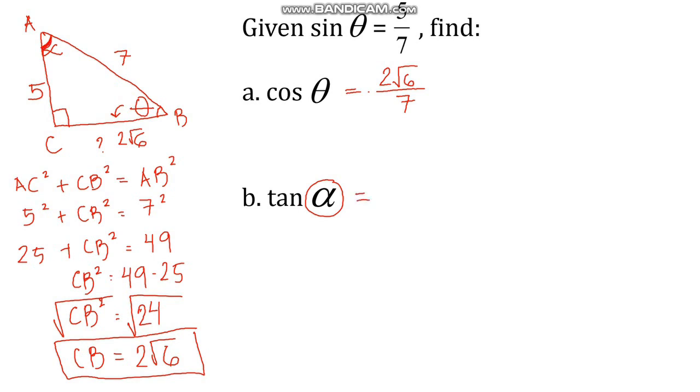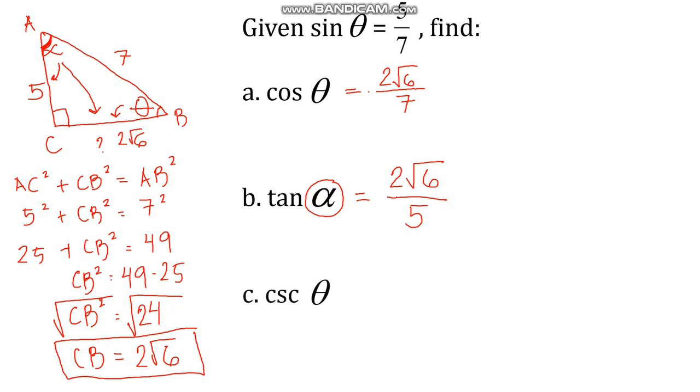Tangent can be solved by dividing the opposite side by the adjacent side. So looking at alpha, its opposite side now is 2 square root of 6. So that will be 2 square root of 6 divided by the adjacent side. So the adjacent side of alpha now is 5. So let's write here 5. So again, look if you can still simplify. If not, then that is the final answer already.